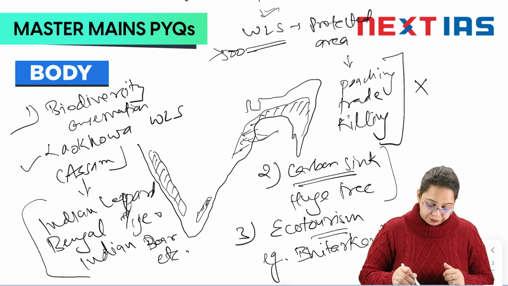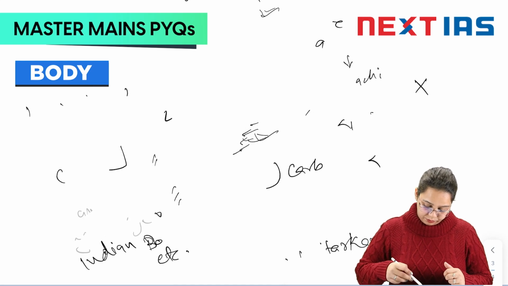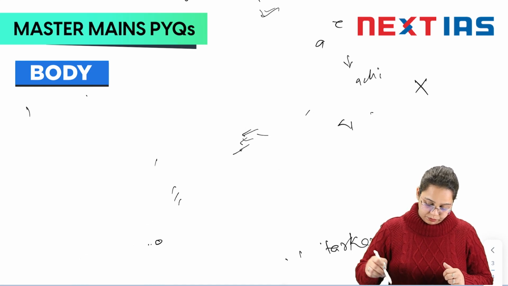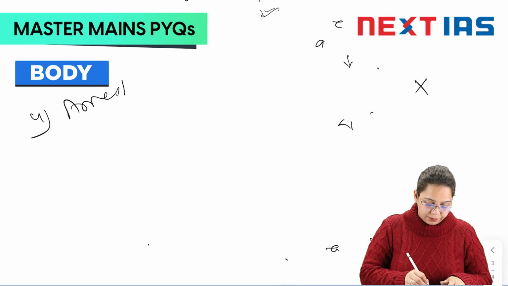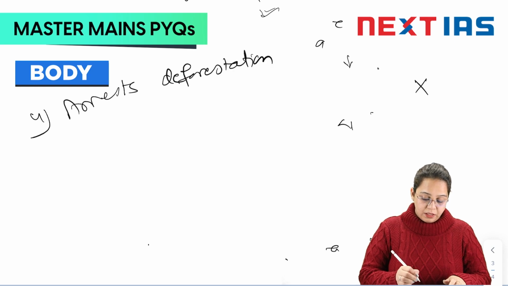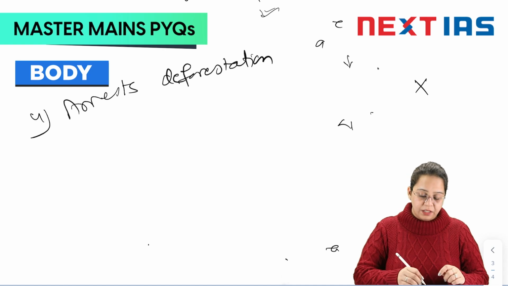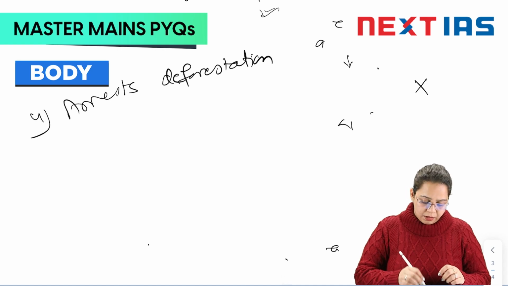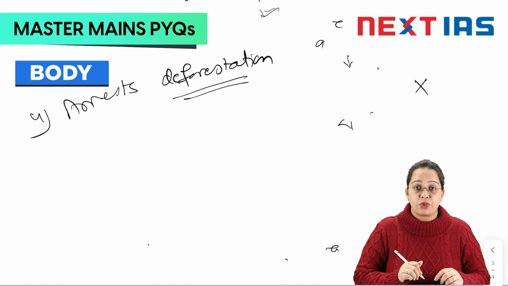The next point you can write is that it arrests deforestation. When wildlife sanctuaries are established, human activities are restricted, and because of that, deforestation is also restricted.